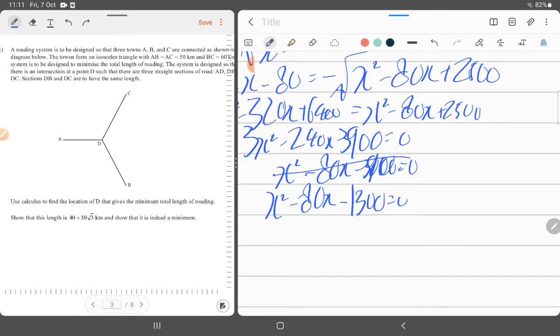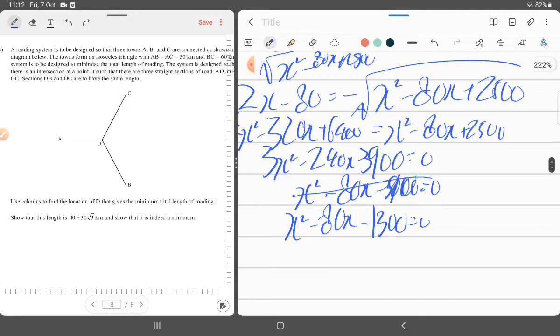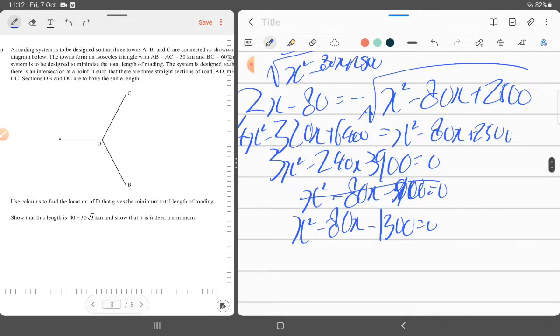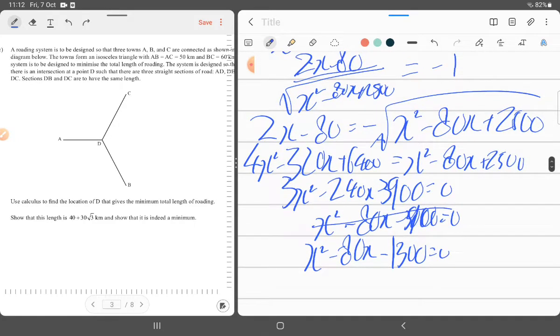So let's hope this gives a better number. That still gives a very awkward number. I got 40 plus 10 square root of 29. And what do you want? 30 plus square root of 3. 4x squared take away 320x plus 6,400 is equal to x squared take away 80x plus 2,500.